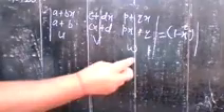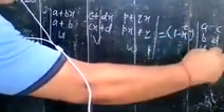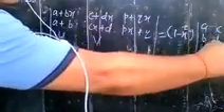Yes, right. Prove that the determinant of |ax+b, a+bx, u; cx+d, c+dx, v; px+q, p+qx, w| is equal to (1 minus x square) into the determinant of |a, b, u; c, d, v; p, q, w|.